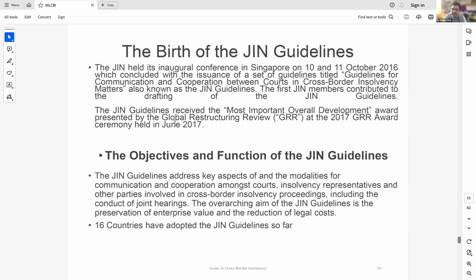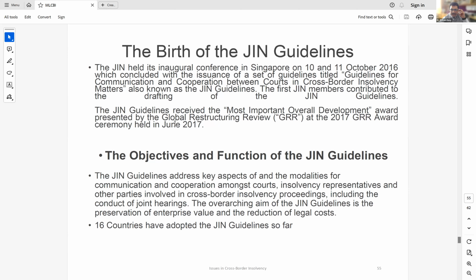Previously, Justice Arjun Sikri used to go. Now, Justice Chandrachud, CJI, has been participating in these JIN forums. So this is court to court. The insolvency courts, superior courts, and appellate courts have framed these guidelines, and the courts will adopt these guidelines. This is for court to court cooperation.